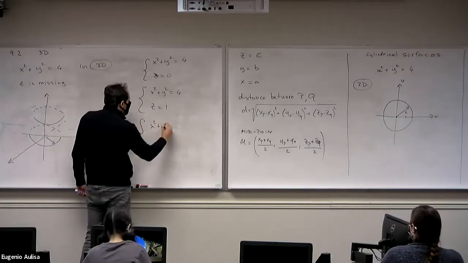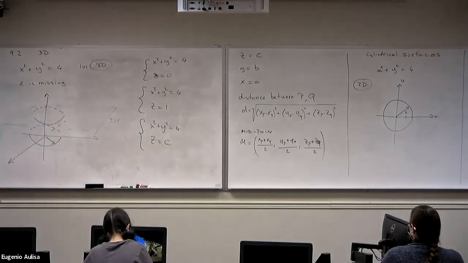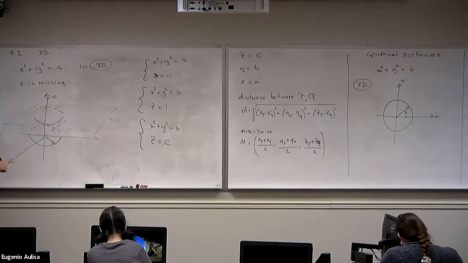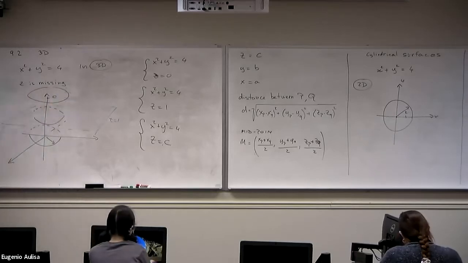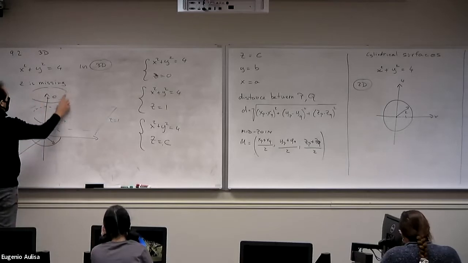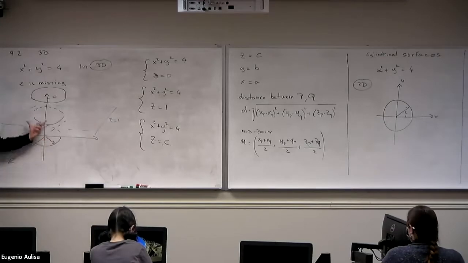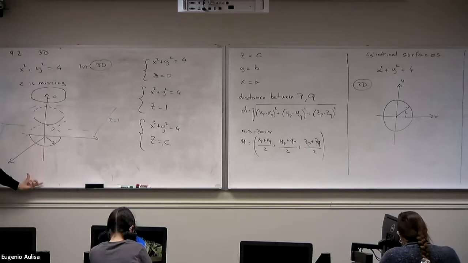We can generalize this concept for any horizontal plane z equal to c. So if we take c, we are going to get what? Another circle with the same x and y, but z at c. And we can get that for any c, which means that we can take this circle and shift it parallel to z.